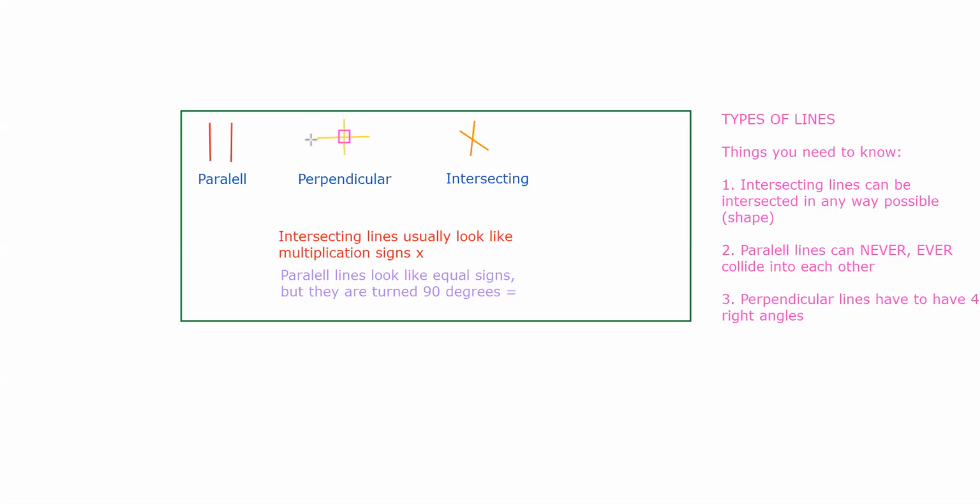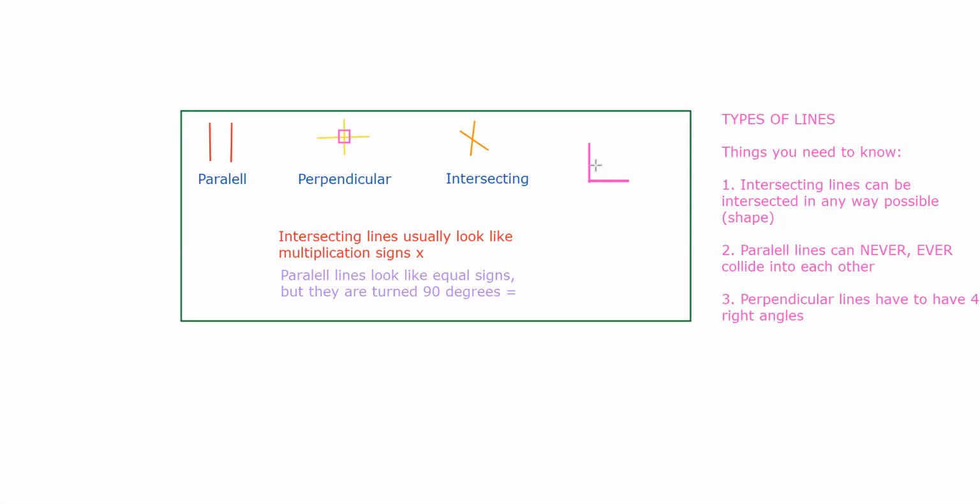As you can see here, all of those have perfect tiny little squares. And even if you have an actual angle, you can do the same thing. You can put a little square.